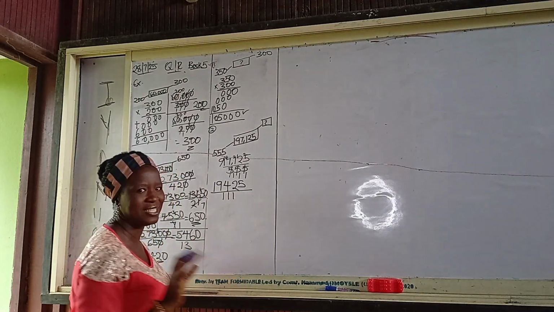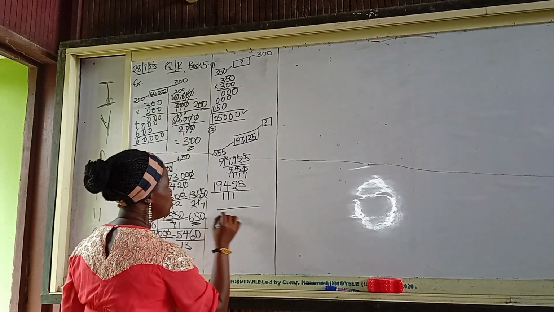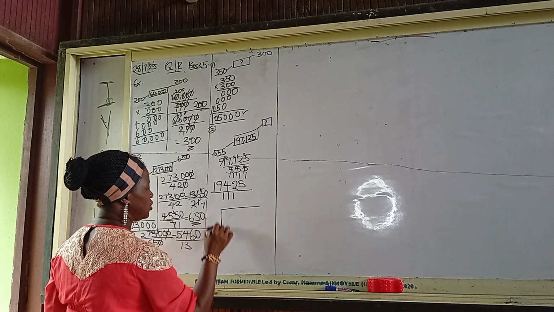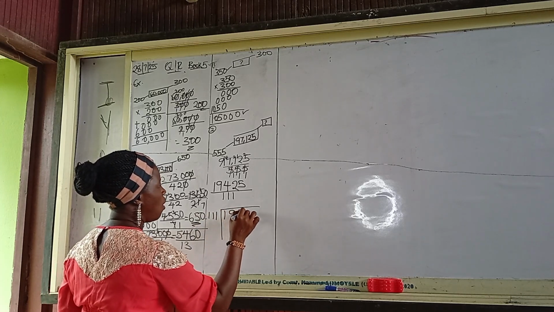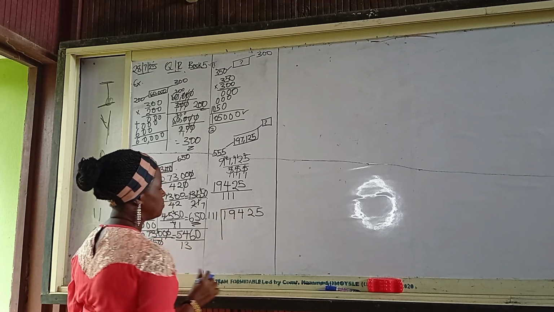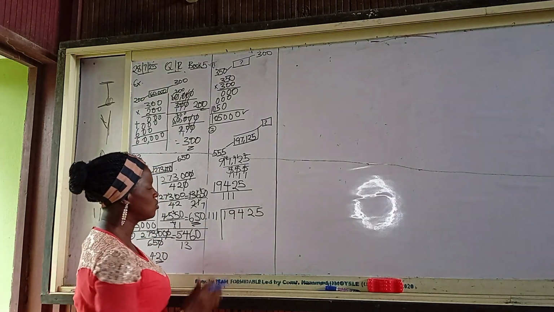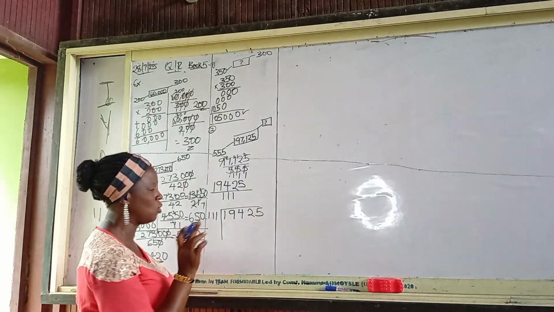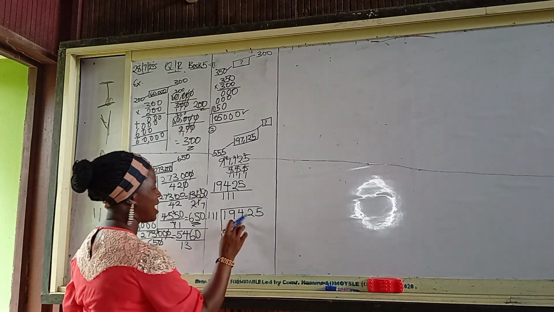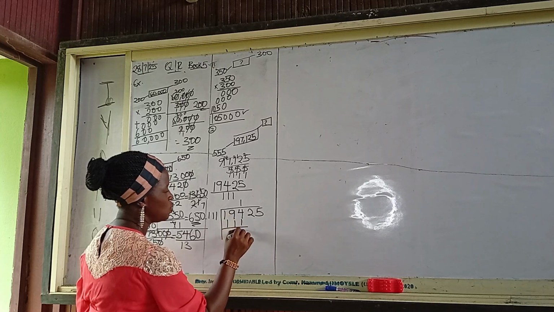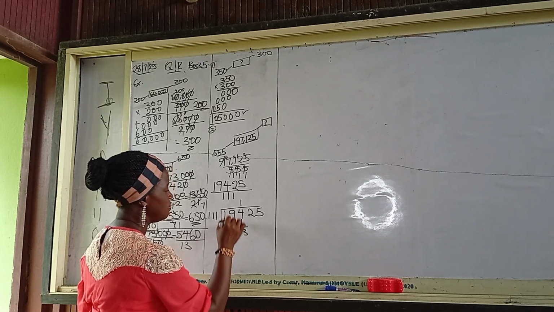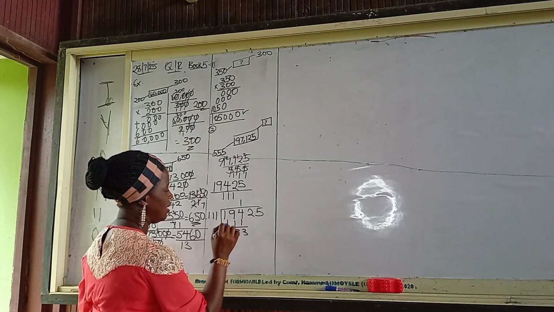When you have a figure like this and it's looking too big, you can use your long division. 111 into 19425. Can 111 go in 1? No. In 19? No. In 194, that is 1. So that gives you 111. Then you do your subtraction. This is 3. This is 8 here.